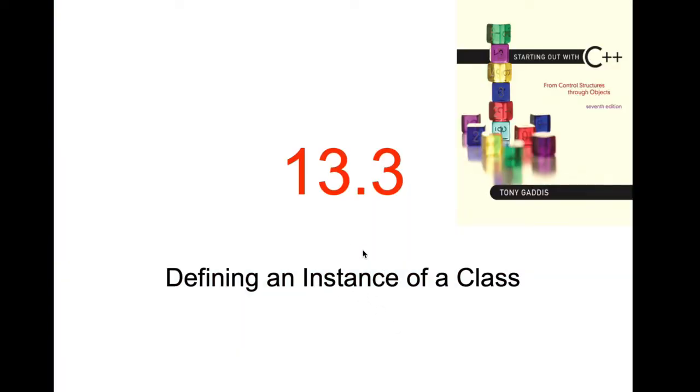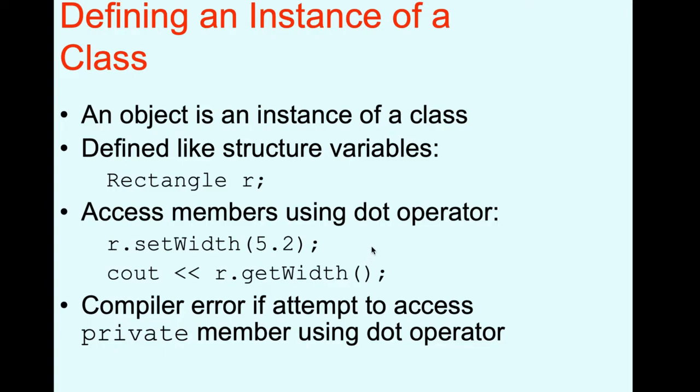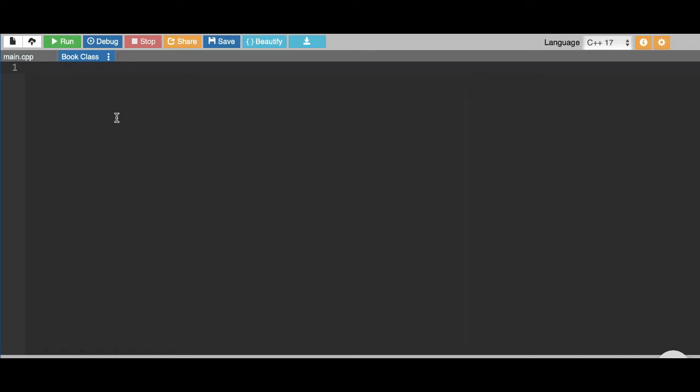Okay, so defining an instance of a class. I think we should go through one example, then you can realize all these things clearly. Let's create a class for the example that we have studied, the book one.